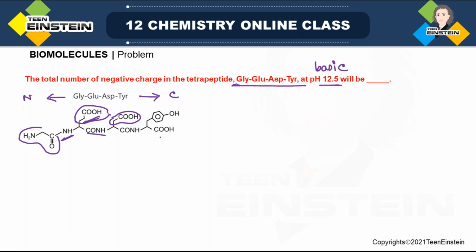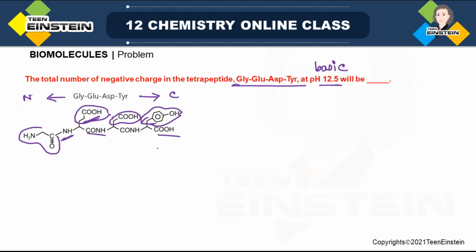And the last amino acid is tyrosine, which has this side chain. And as I have said, this is the carbon terminal, so that is why it must end with CO2H. You can also write the zwitterionic structure. That will also give you the same answer, but here the zwitterionic structure is not written.